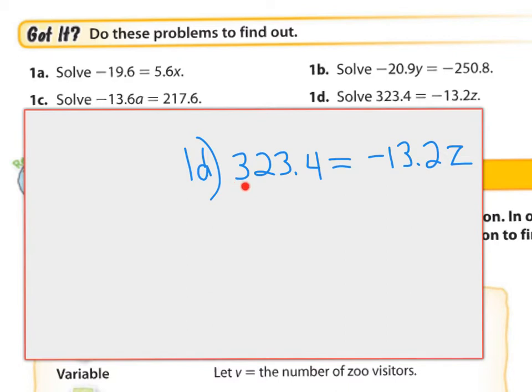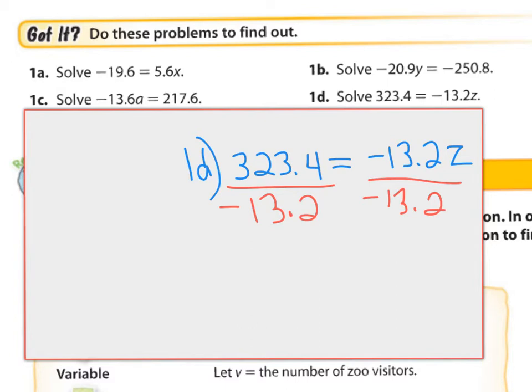And we have 1D, 323.4 equals negative 13.2z. Let's divide both sides by negative 13.2 in order to isolate our z. And there we have it.